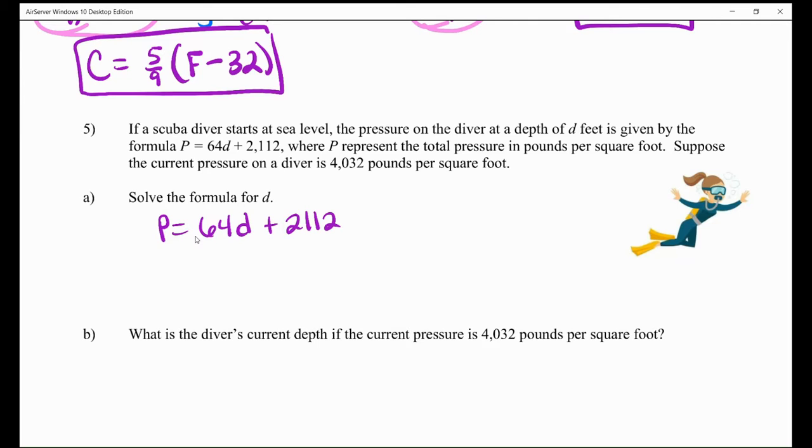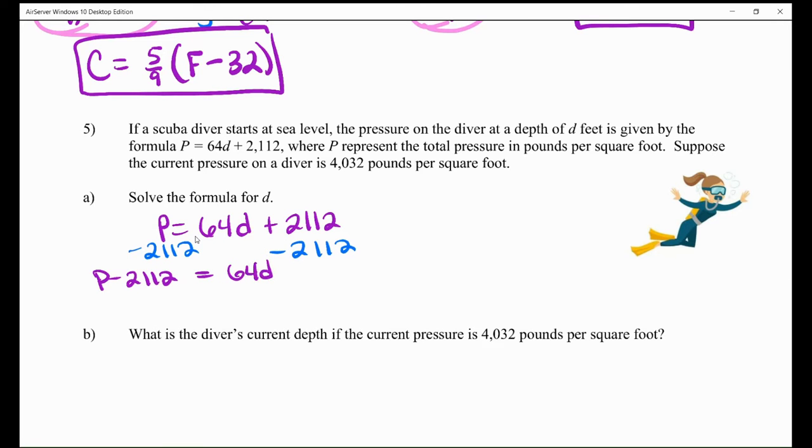So we first want to solve this formula for D. So remember, first step is to undo addition subtraction. So we're adding 2,112, so we want to subtract 2,112. P minus 2,112 is just P minus 2,112.